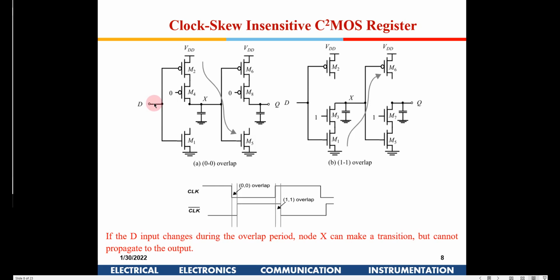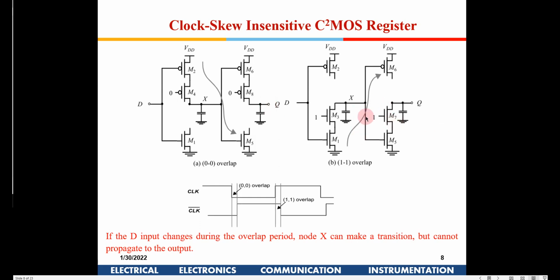Now D is changing from 0 to 1. This node doesn't get affected, because there is no NMOS out here. So this will continue to remain 0. So whether D is changing from 0 to 1 or 1 to 0, this output remains constant. Is it okay?